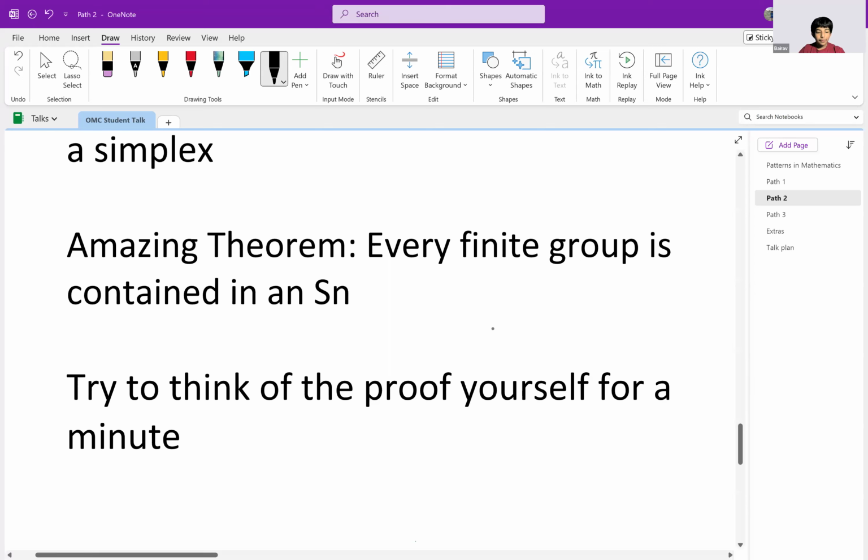So the proof is equally amazing. It's quite nice. We turn the elements of that group into permutations of the group.